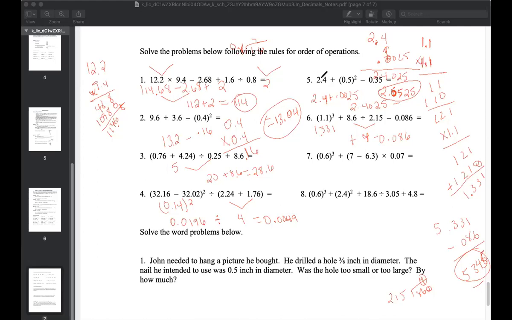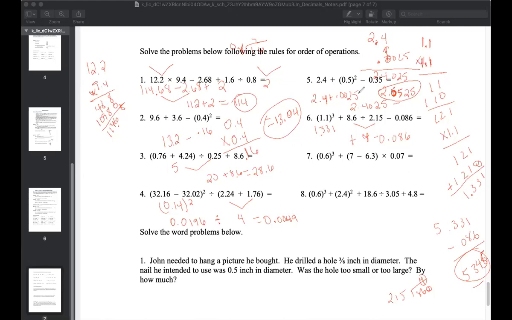This 2 here is a whole 2. This 4 is only part of a whole, right? And when you're adding it to 0.0025, which is a thousandth of a whole, that's not the same value, right? So you can't make them have the same value and just add them together.